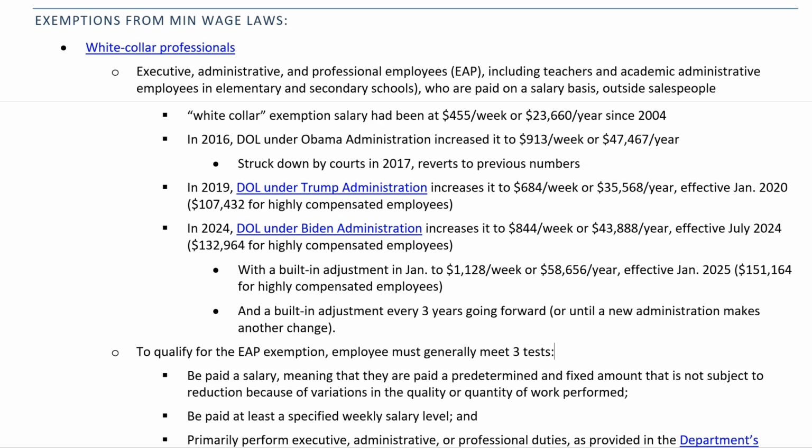So your employer can require you to work more than 40 hours a week, and they don't have to pay you any extra. They can require you to work as much as they want, and they don't have to pay you any extra. And that's the biggest exemption that's out there, for those salaried workers, as long as you clear that bar of either weekly or annual pay.